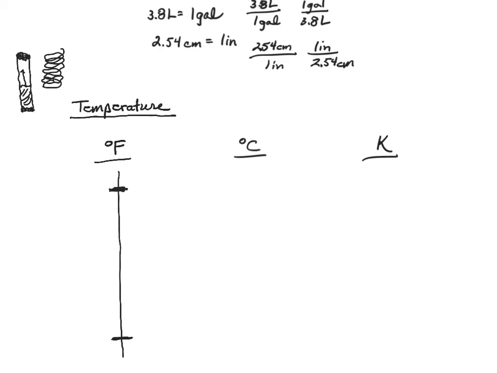So one of the first scales, the Fahrenheit scale, puts the upper reference point at 96 degrees and the lower one at 0 degrees. The 96 degrees corresponded to body temperature, and the 0 degree corresponded to a mixture of ice and water, which was the lowest temperature that they could reach in a laboratory.